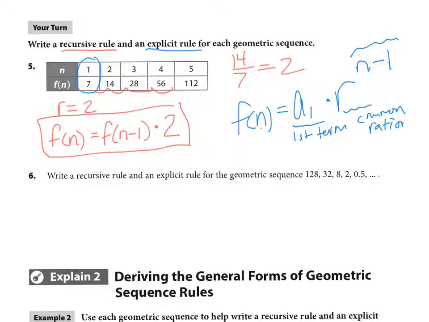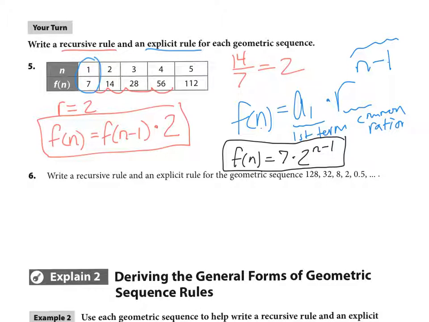So for this particular problem, our formula would be, what is our first term? 7. What is our common ratio? 2 to the n minus 1. There's your formula.